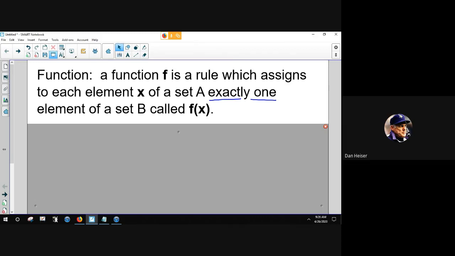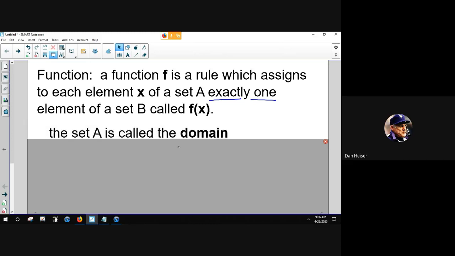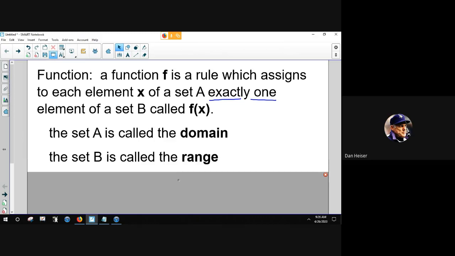A couple of other terms that you're probably familiar with. We call the set A the function's domain. And you can probably guess what set B is going to be called. Another term you've probably seen before, the range.